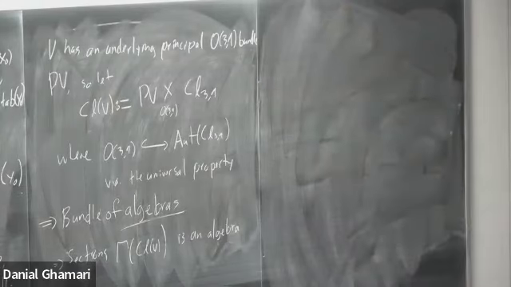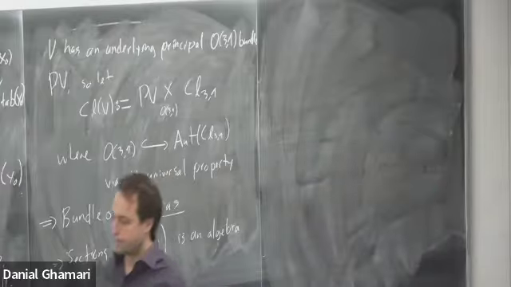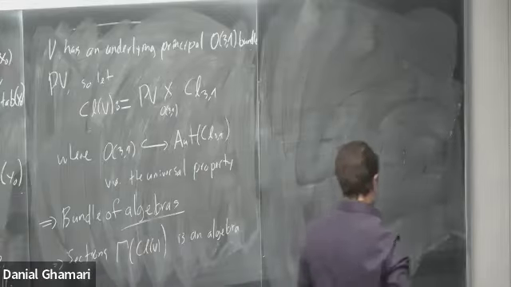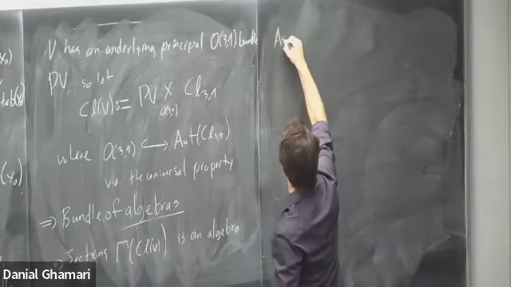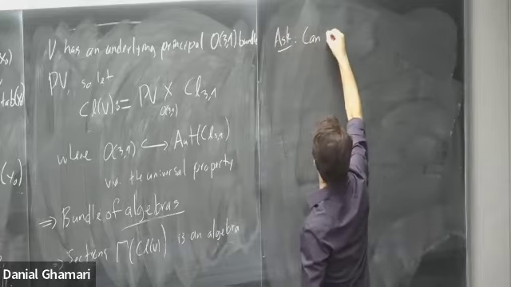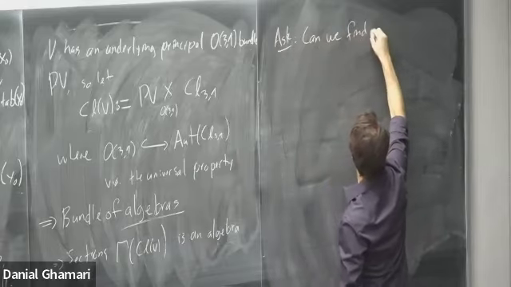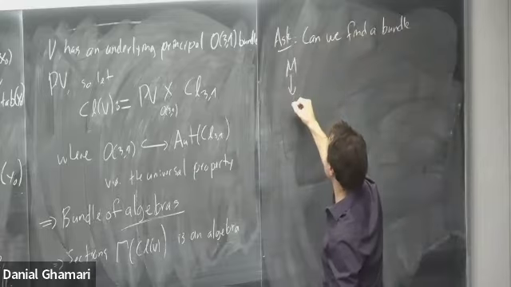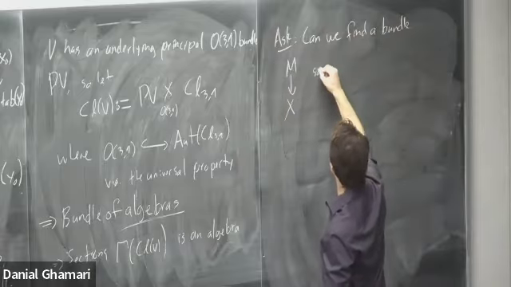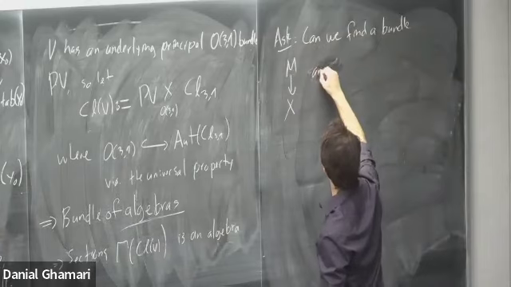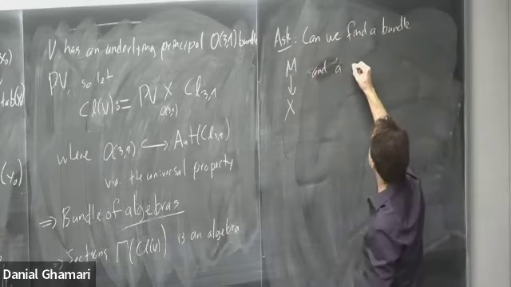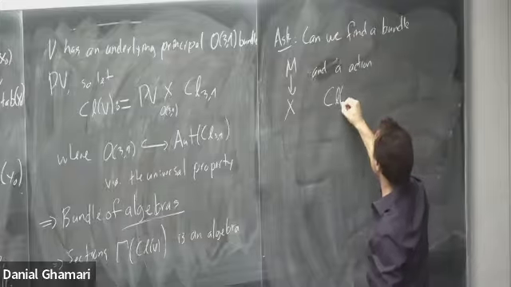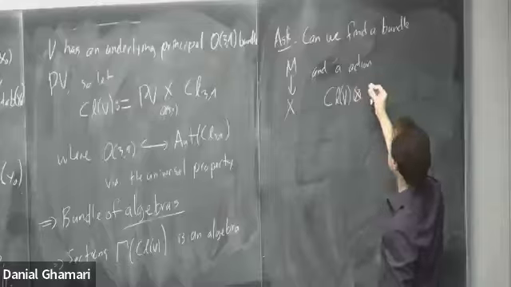So in the unparameterized picture, we sought out irreducible representations of the Clifford algebra, right? And so we can ask, can we find a bundle M over our base space X, and an action, say, of the Clifford algebra bundle tensor with M?